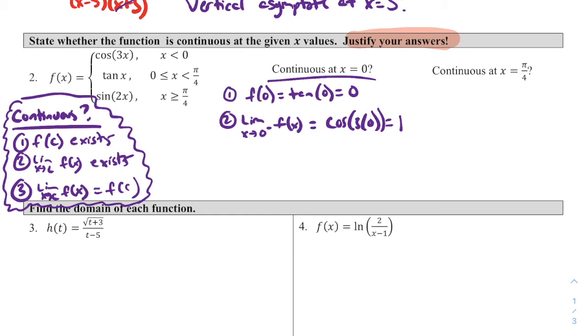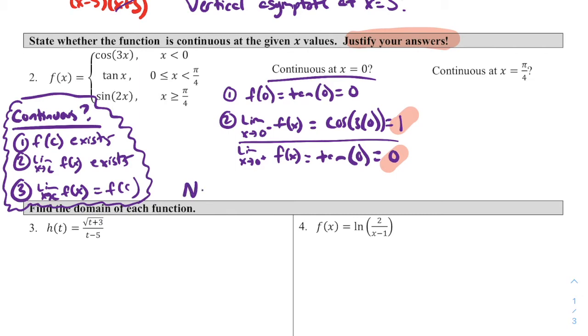And then if we do the limit as x approaches 0 from the right side of f of x, that's going to be values that are greater than 0, so that's going to be this piece right here. So then we're going to have tan of 0, which is 0. This is a problem. The limit from the left is 1 and the limit from the right is 0. So I'm going to say this limit does not exist. So no, not continuous.